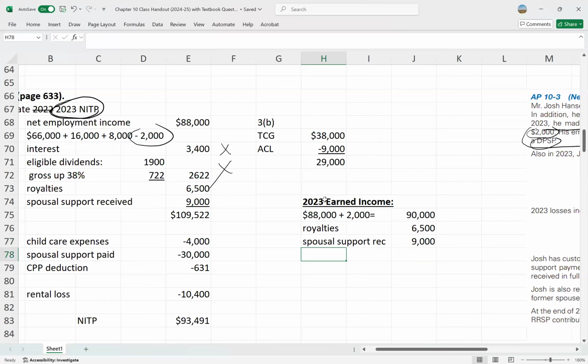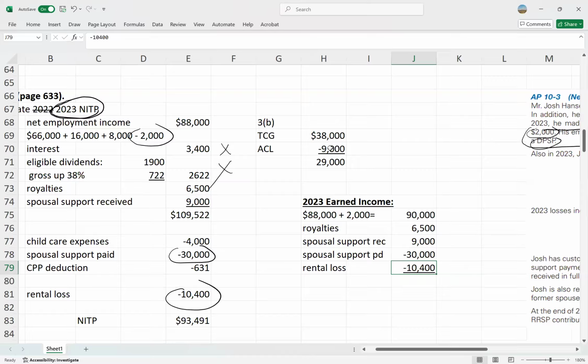The spousal support paid, we deduct, and the rental loss, we deduct as well. So passive amounts such as interest income, the dividends, those passive amounts are not included in this earned income calculation.